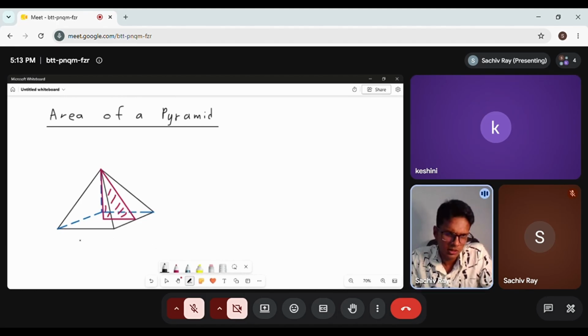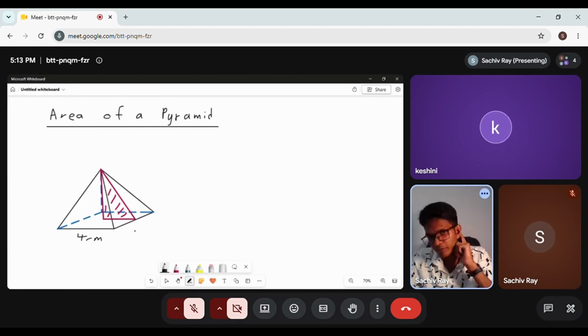We know the base is a square, right? Yes. So I'll just give, let's say, 4 centimeters, or just four. Okay, 4 centimeters on one side, right? And then we can find the base area easily, right?